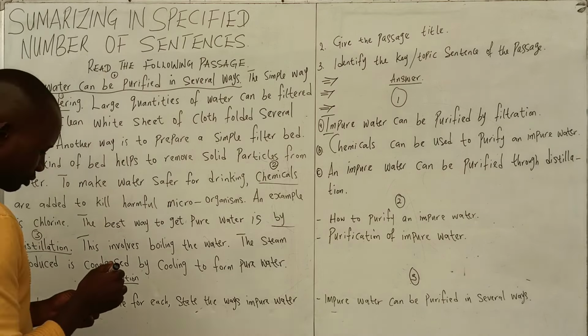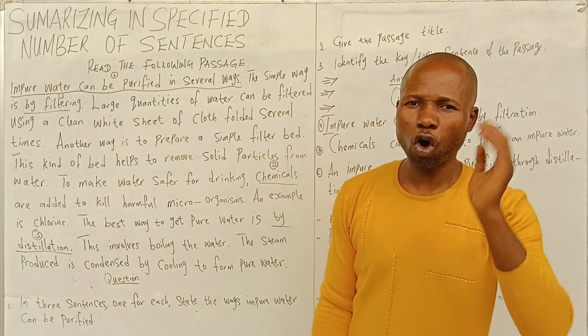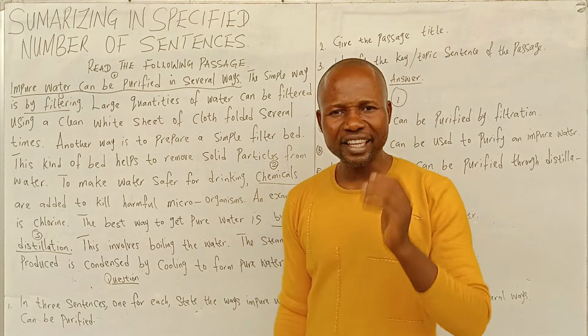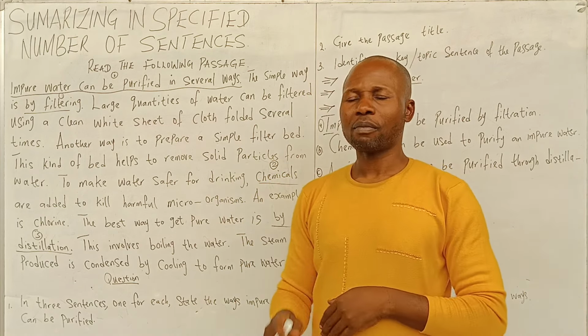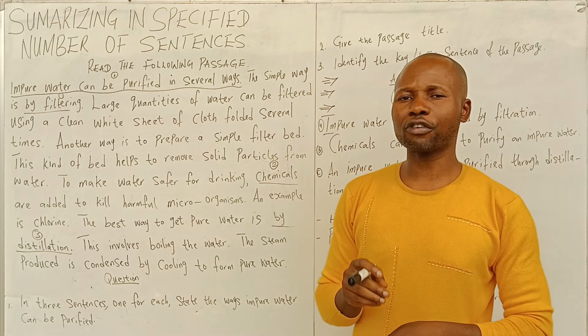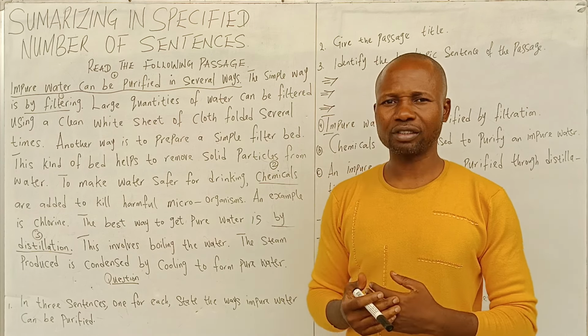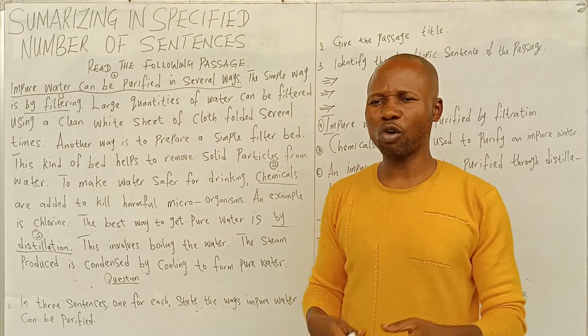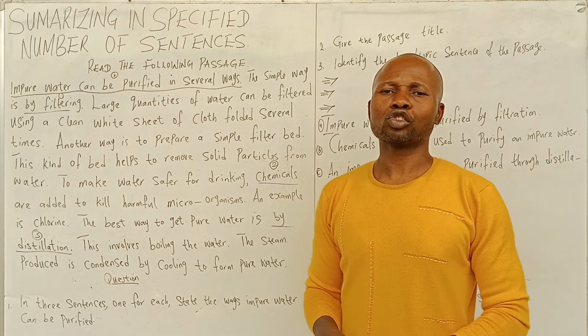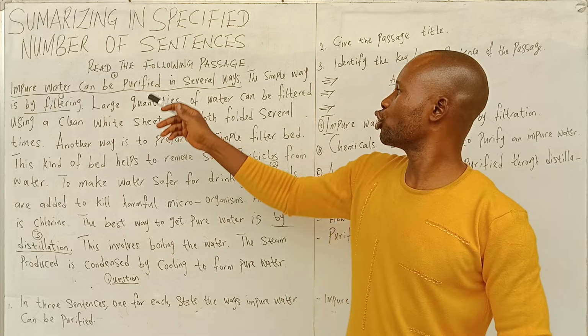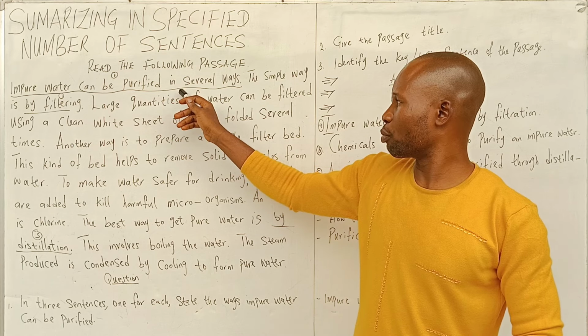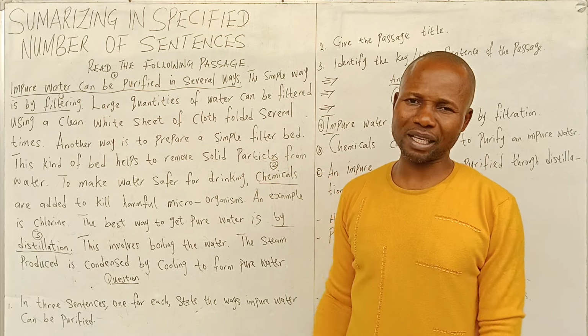When it comes to identification of a topic sentence or a key sentence in a passage, mark this thing I want to say. Often, that means always or frequently, the topic sentence usually comes as the first sentence of a passage.